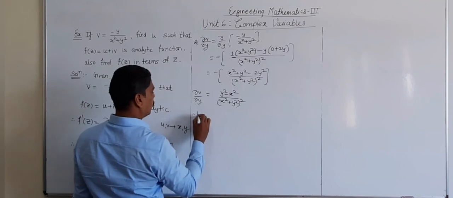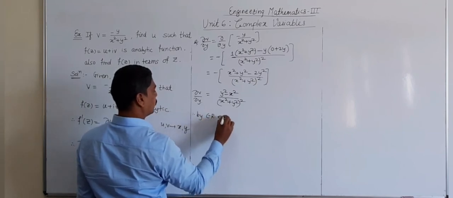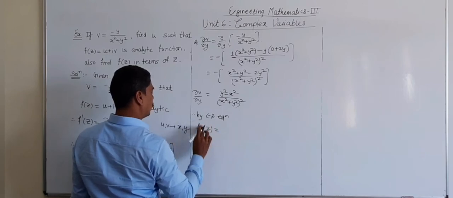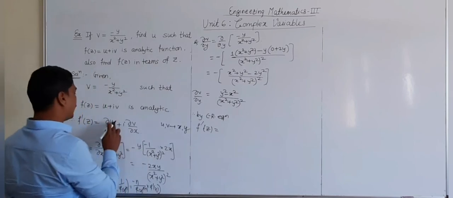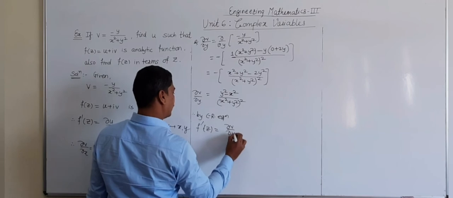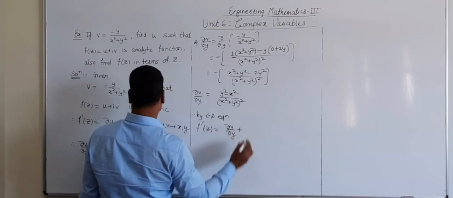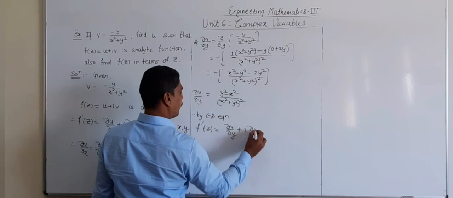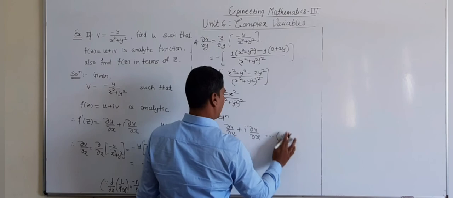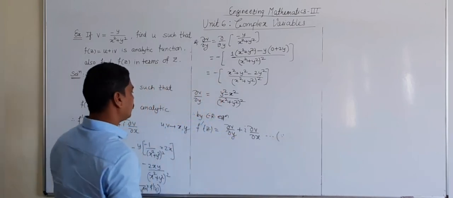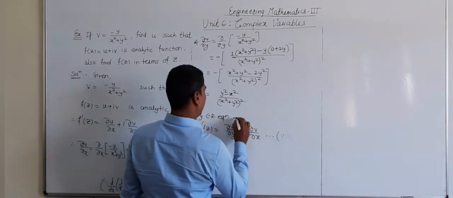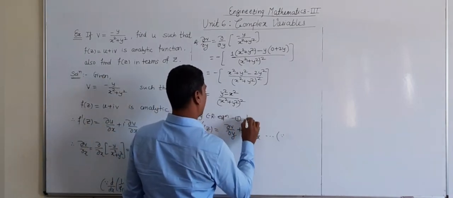Therefore, by CR equation, f dash of z is equal to, replacing del u by del x with del v by del y, plus i into del v by del x as it is. Since by CR equation, suppose this becomes our equation number 1.